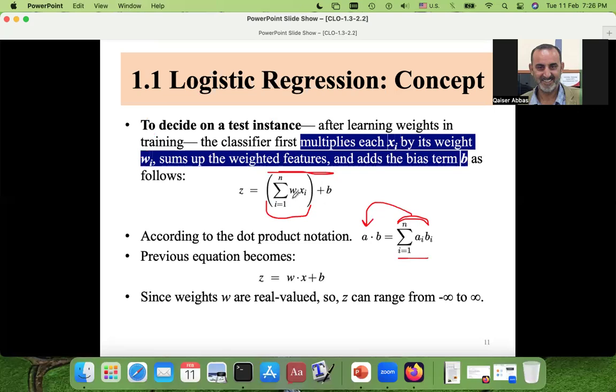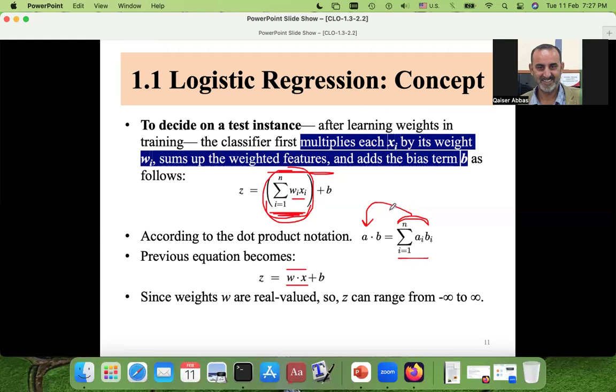We want to convert it into a dot product because here we are using vectors in the input, vectors of features. So I want to rewrite this notation in another form. Which form? This form. I want to replace this part of the equation with w dot x.